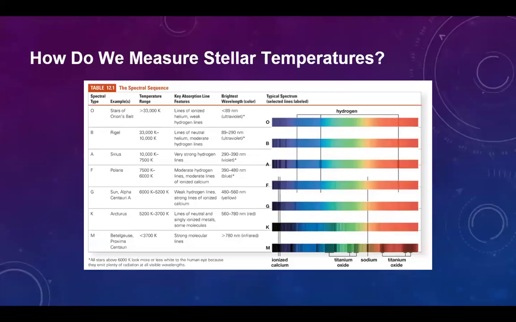And the reason the letter order is so random looking is because the original system was based around the strength of one particular line. And that line is not strongest at the highest temperature.